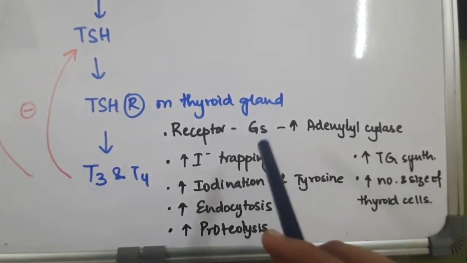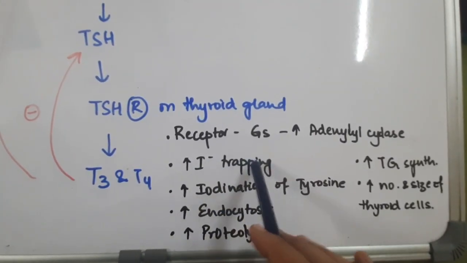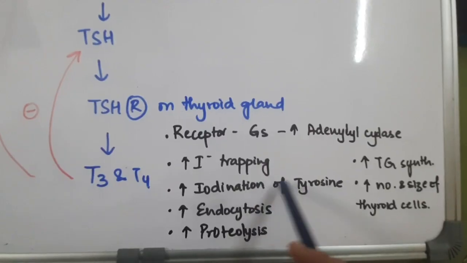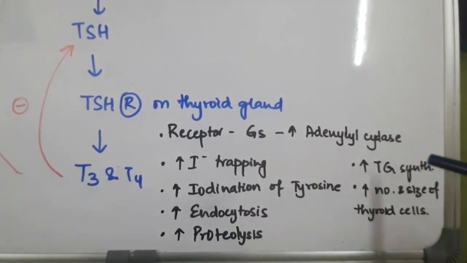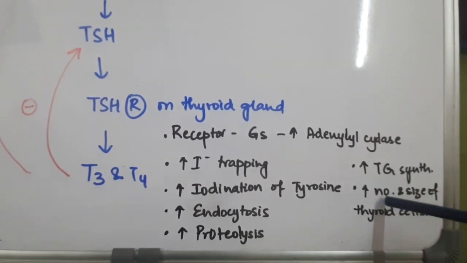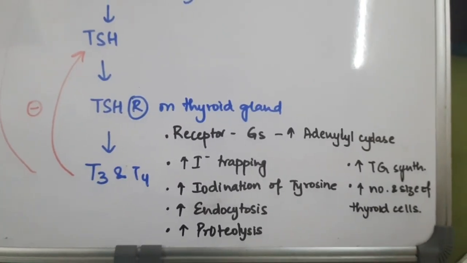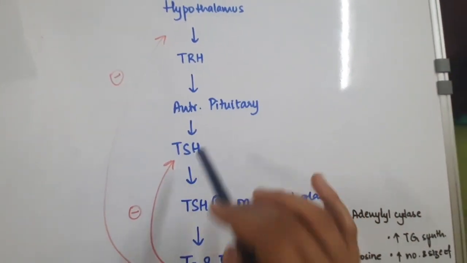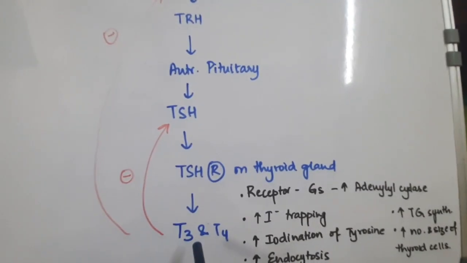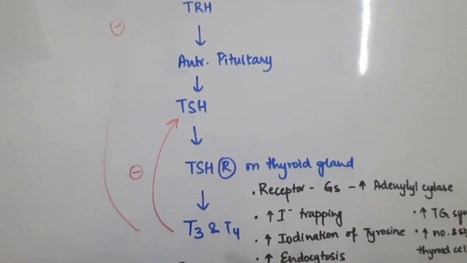This is all that TSH does. Increases iodide trapping, increases iodination of tyrosine, increases endocytosis, proteolysis, thyroglobulin synthesis, and increases the number and size of thyroid cells. Now this was the stimulatory action of TSH on the thyroid to produce thyroid hormones.